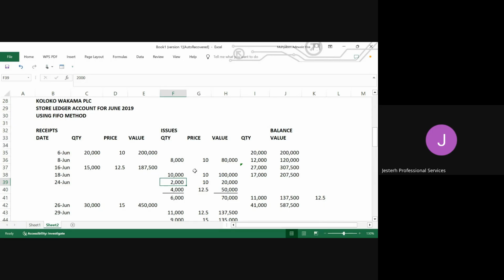This approach says what you have in your stock before, use it finish. Why did they ask you to do that? Maybe due to expiry dates, to avoid loss of value of some of your inventories. You remember in our last class where we were able to value our stock using cost, lower of cost, and then net realizable value.